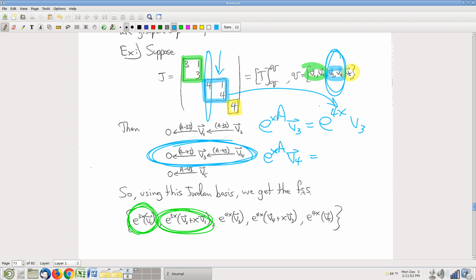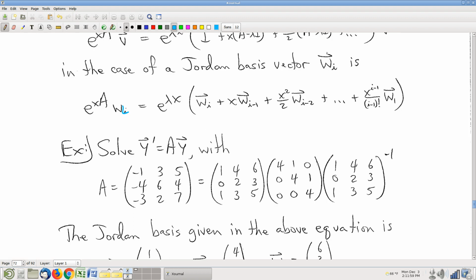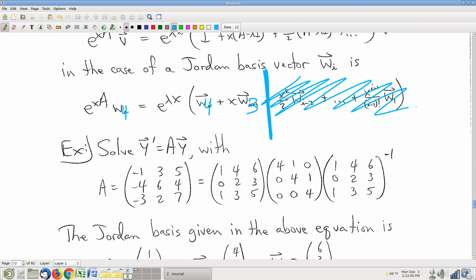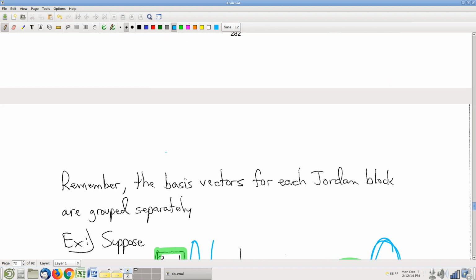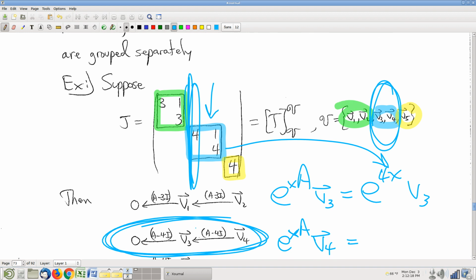Let's go back to our formula. In this formula here, that's a 4, that's a 4, that's a 3, and we stop. There's nothing over there. We stop at 3 because that's what gets us to the end of that Jordan block. V3 and V4 are the part of this Jordan basis that corresponds to that Jordan block.